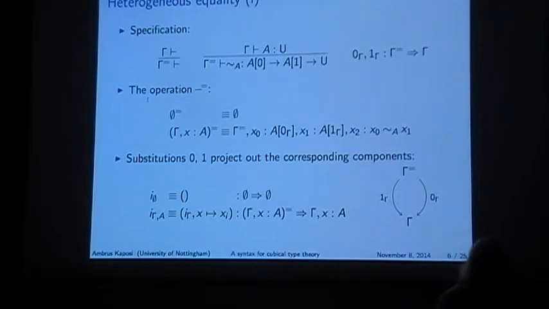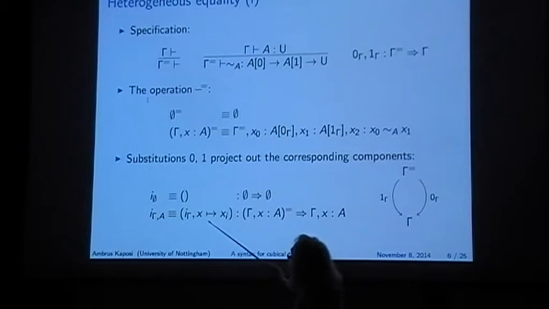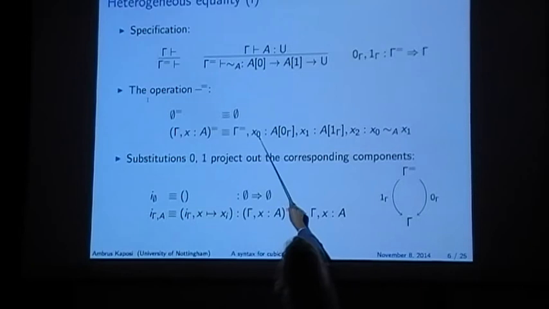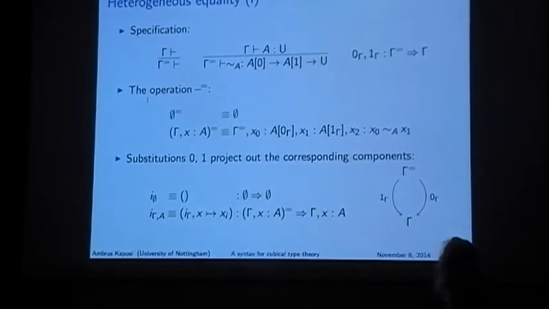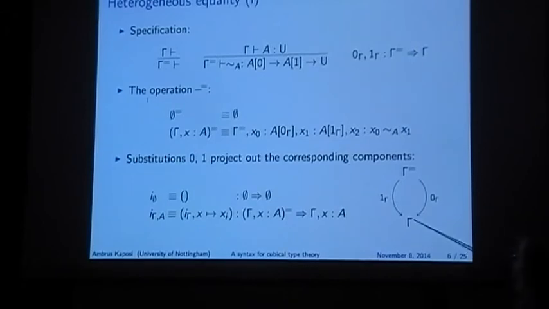So at the same time, I introduce this context gamma equal, this heterogeneous equality, and these projections. The projections are defined very simply, just project out xi. So 0 projects out x0, and 1 projects out x1. So what we have is gamma equal, and these two projections, 0 and 1, going down.